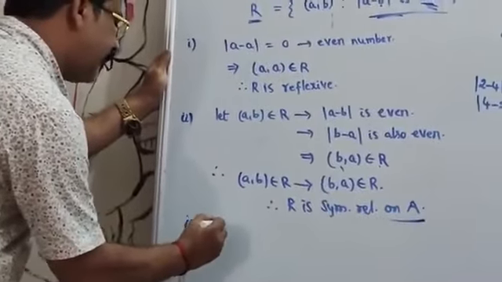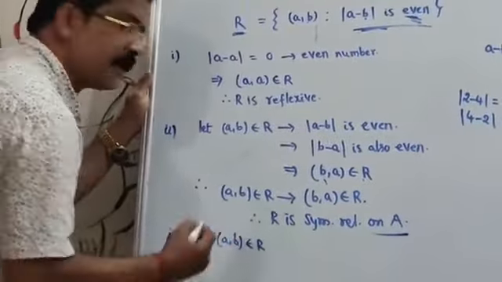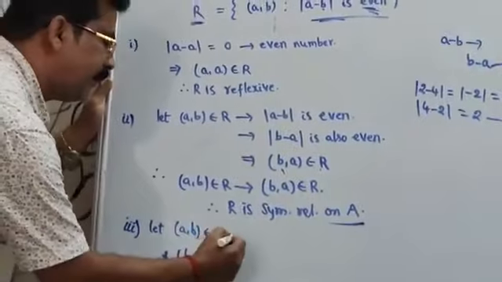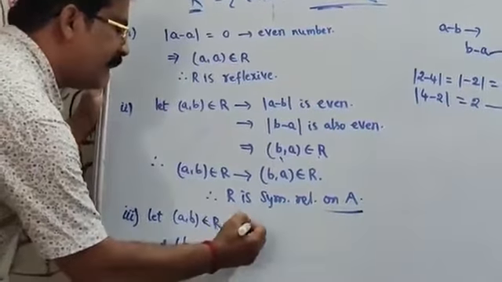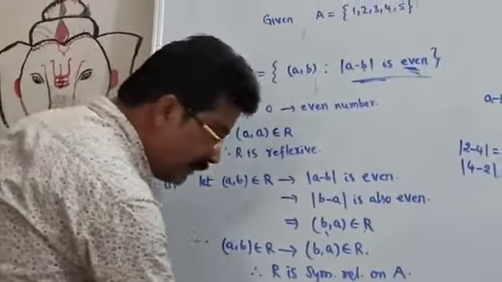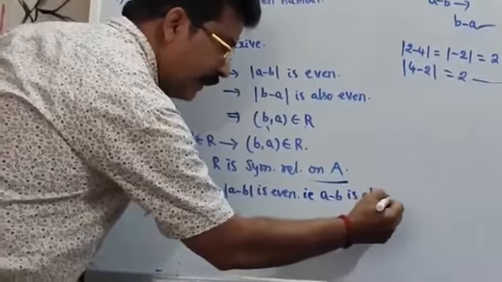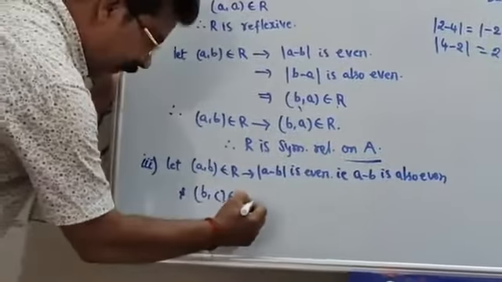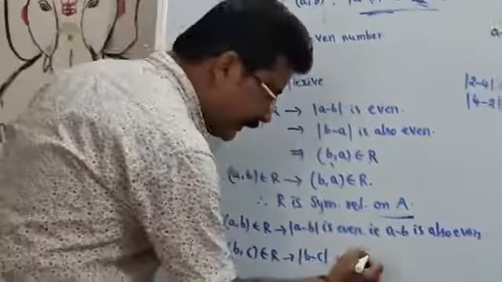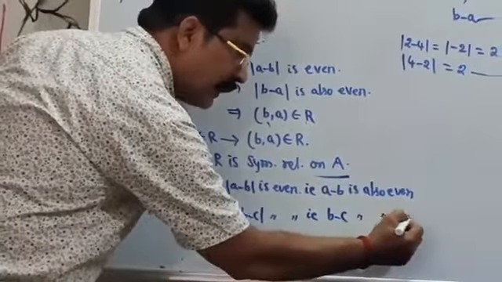Transitive. Look at the board. Let (A, B) belong to capital R and (B, C) belong to capital R. That means modulus of first element minus second element is even: A minus B is even, and modulus of B minus C is even, that is B minus C is also an even number.